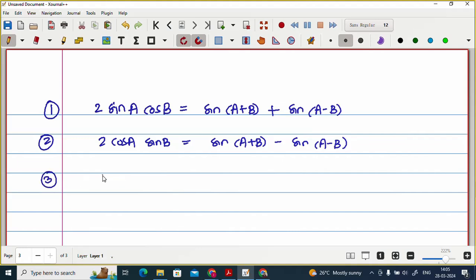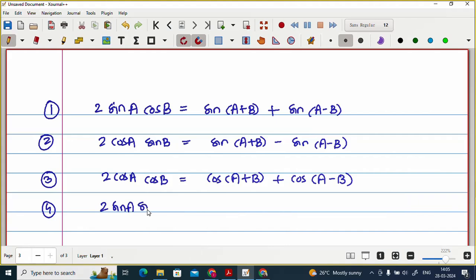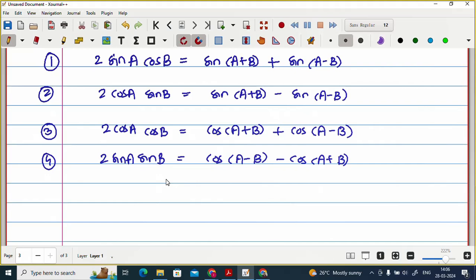Number 3, 2 cos a cos b is cos of a plus b plus cos of a minus b. Number 4, 2 sin a sin b is equal to cos of a minus b minus cos of a plus b.